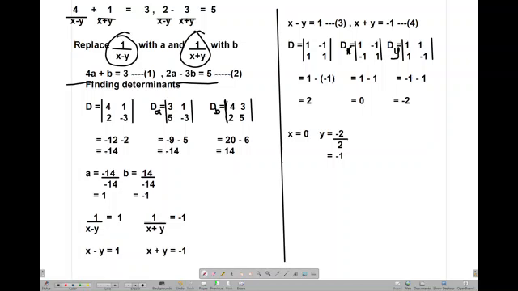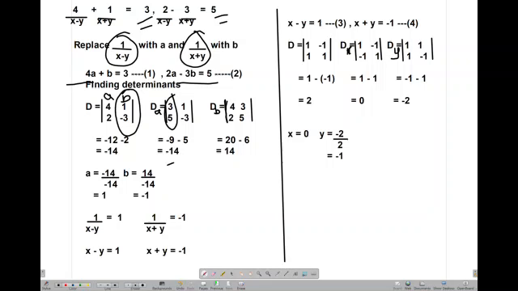The values of a are 4 and 2. So putting the values 4 and 2. And the values of b are 1 and minus 3. So putting the values here, we get minus 14. So in case of a, we'll replace the values with 3 and 5, and we'll keep this part the same.